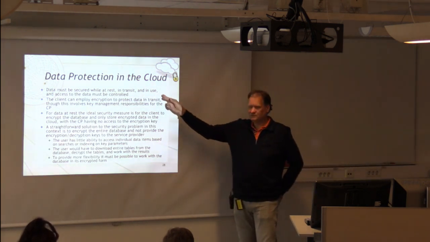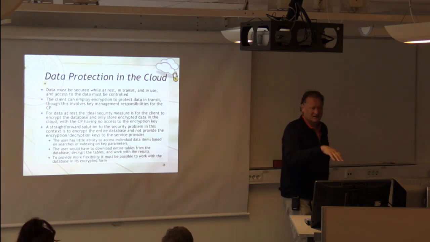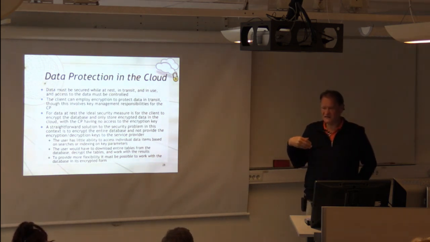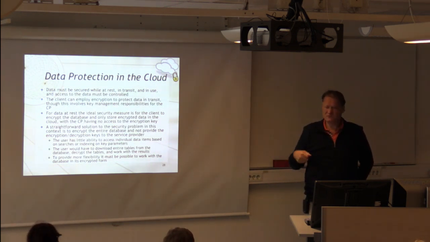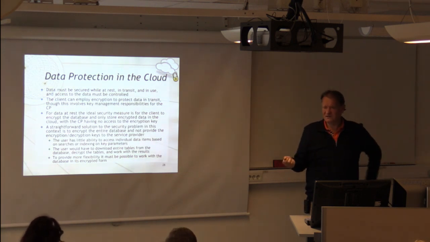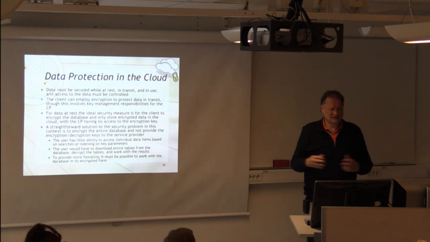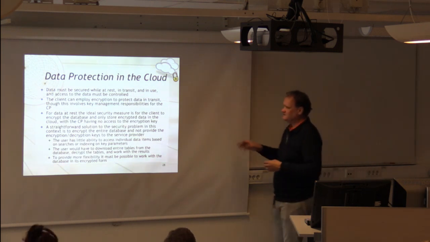In use, well, in use typically means in use in the cloud. If it's data in a database, for instance, we are making a database query to the cloud, and then we run that query in the cloud. And of course, while we run that, the data is used, and potentially it can be leaked. So we have to think about that in all these different phases.